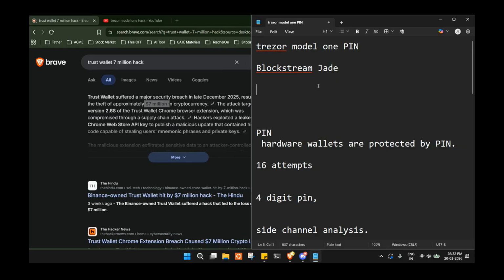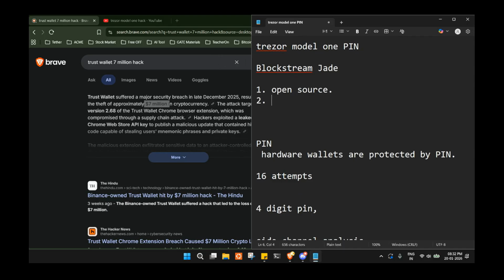So first thing, it should be open source. Second, a secure element chip should be there, and that also comes with EAL security. So you will see some come with EAL 3, 4, 5, 6.